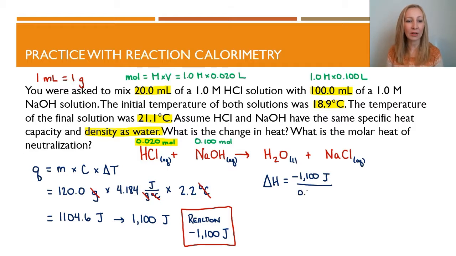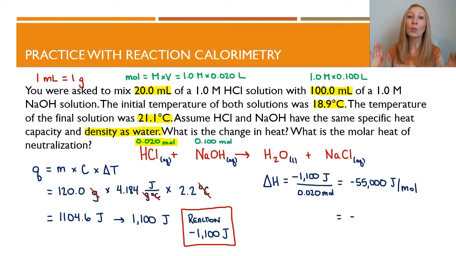And if we calculate this all out, we get negative 55,000 joules per mole. And I'm actually going to convert this to kilojoules per mole. So negative 55,000 joules per mole is actually equal to negative 55 kilojoules per mole because 1 kilojoule is equal to 1,000 joules.